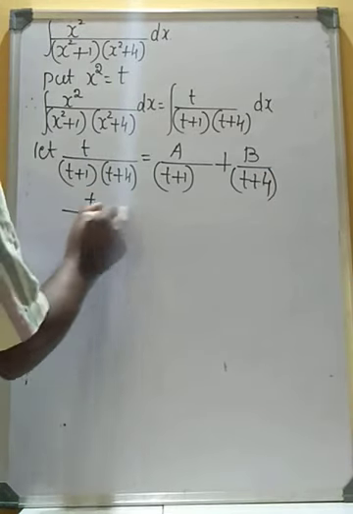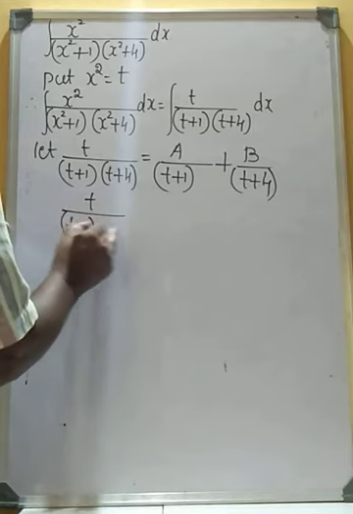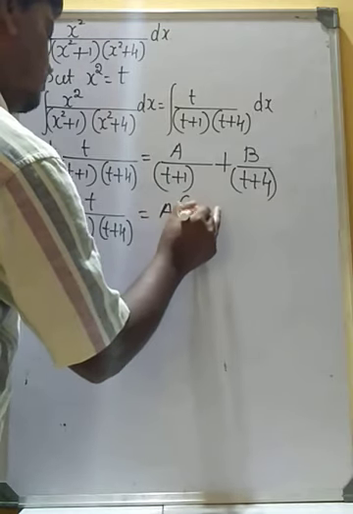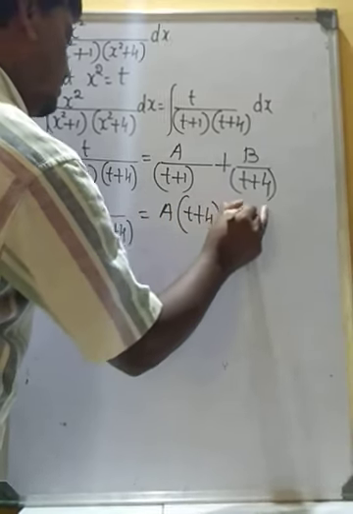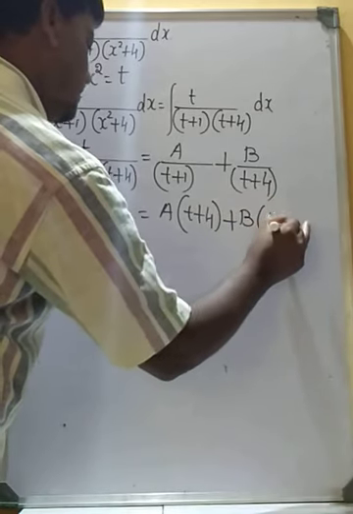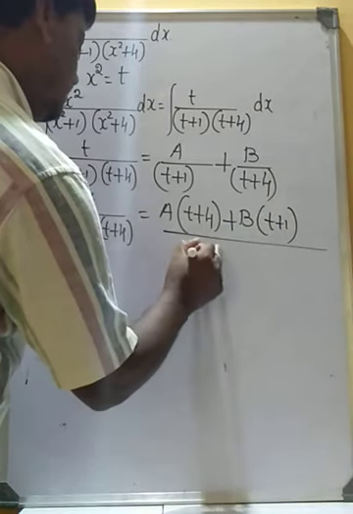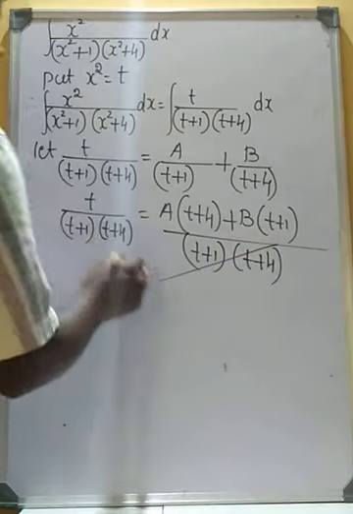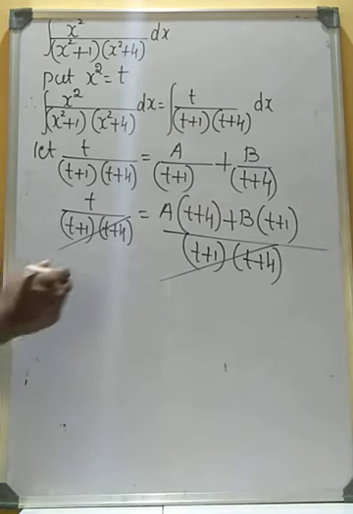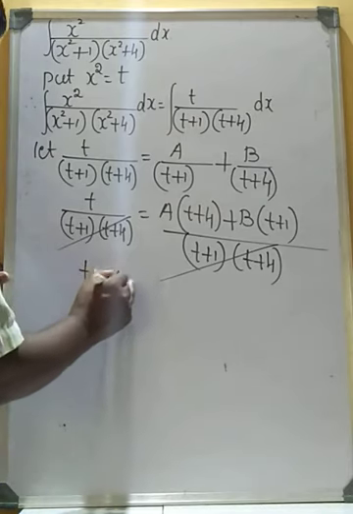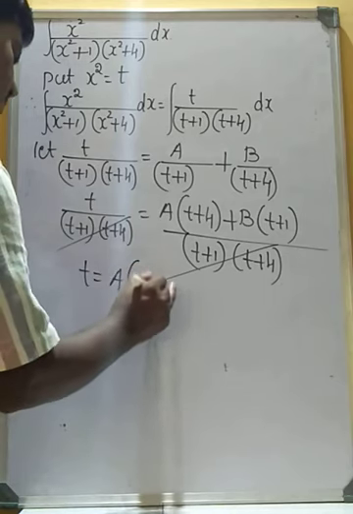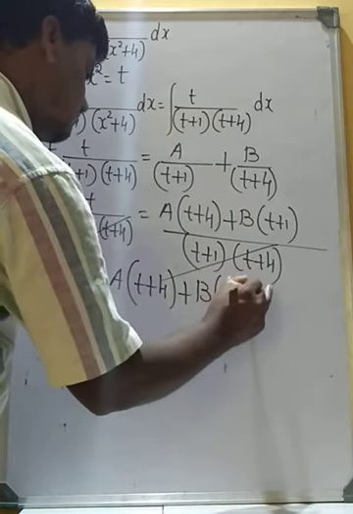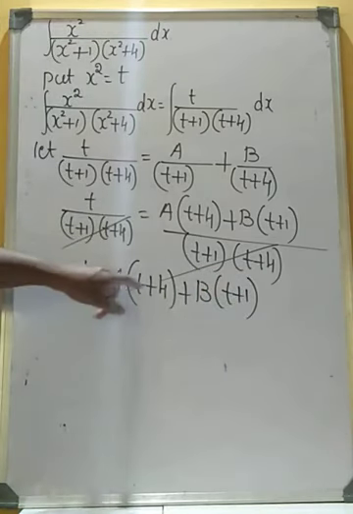Therefore, t by (t plus 1) into (t plus 4) equals a into (t plus 4) plus b into (t plus 1) dividing by (t plus 1) into (t plus 4). Denominator gets cancelled, therefore t equals a into (t plus 4) plus b into (t plus 1). Here also find a and b.